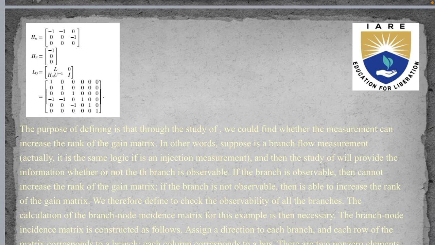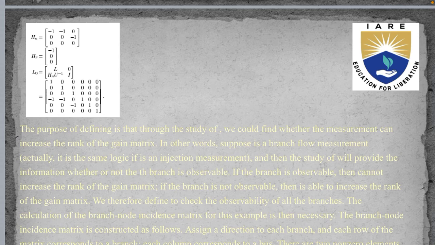H0 is the 3 by 3 square matrix with row 1: 1, -1, 0; row 2: 0, 0, -1; row 3: 0, 0, 0, and H_R is a column matrix of order 1, with column 1 being -1, 0, 0.